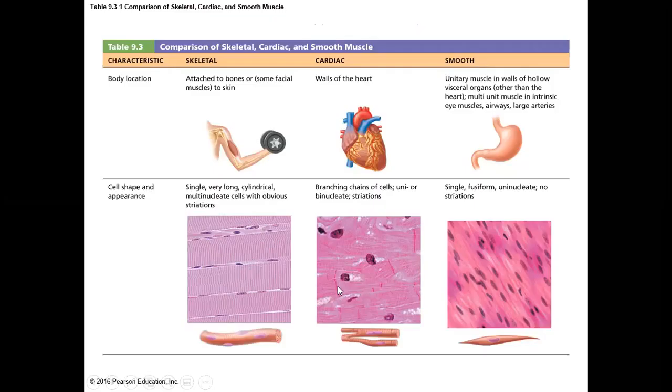The intercalated discs are where 2 cells meet, by the way. Please note how highly nucleated muscle cells are. This is because they have a lot happening in terms of controlling energy and movement. And here are your smooth muscle fibers packed tightly together, not striated.